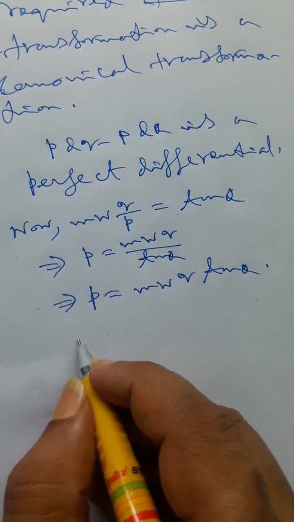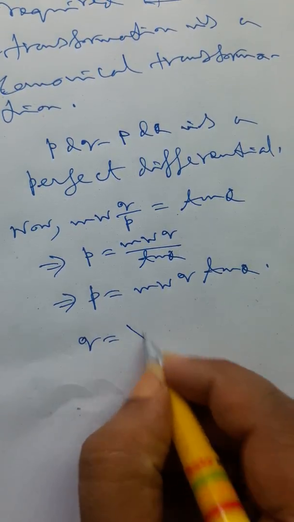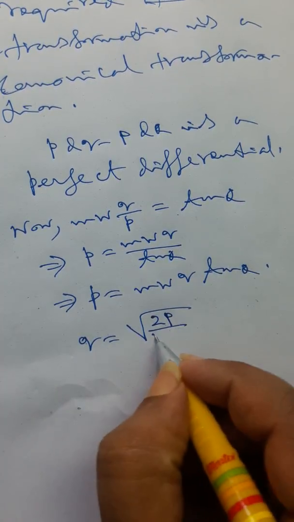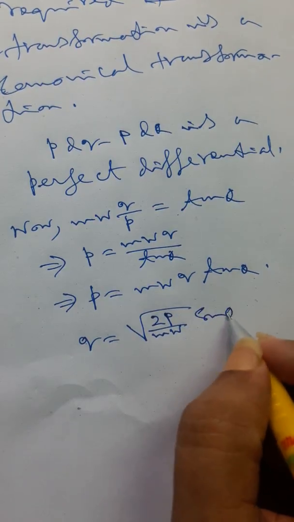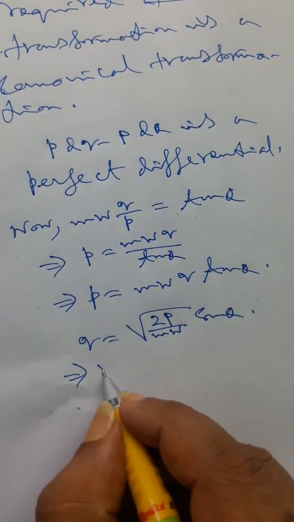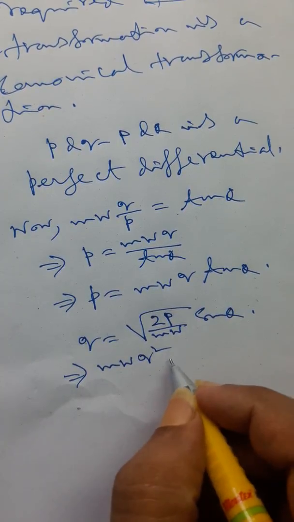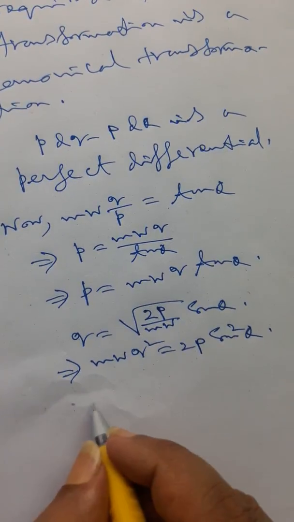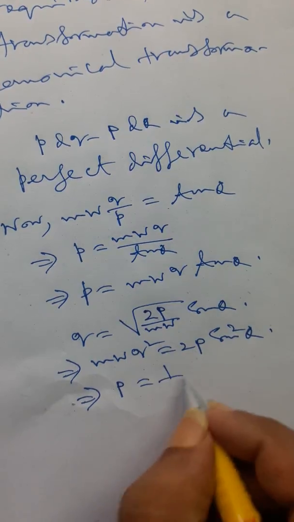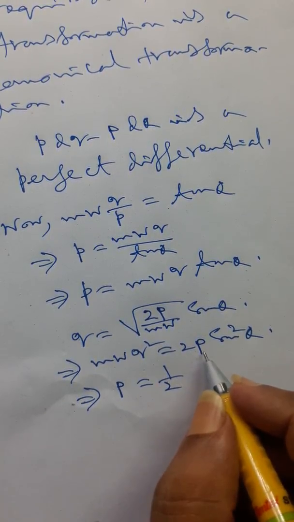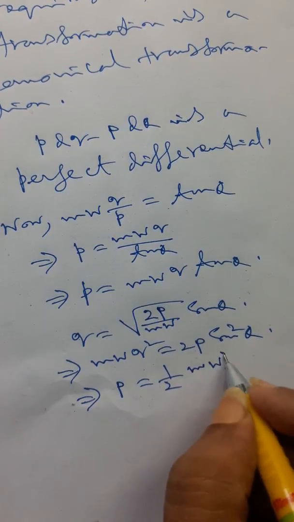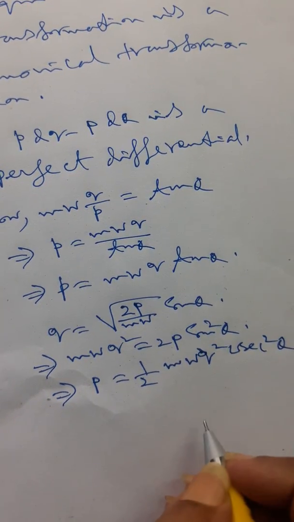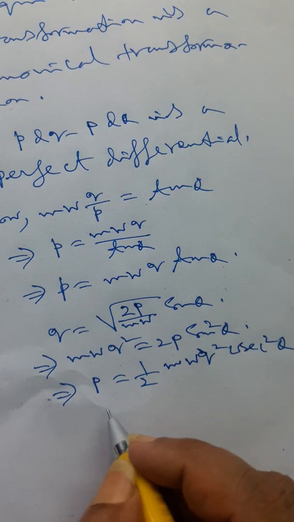So we also take this type of equation, q is equal to, with reference to the earlier equations in the question, square root of twice P by m omega, sine Q. Here it will be m omega q square is equal to twice P sine square Q. So P will be half of m omega q square cosec square Q. So we find small p and capital P.